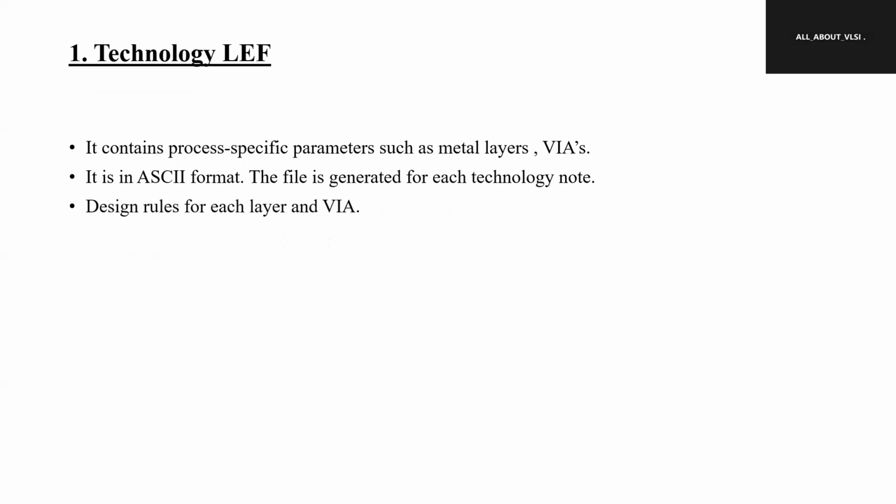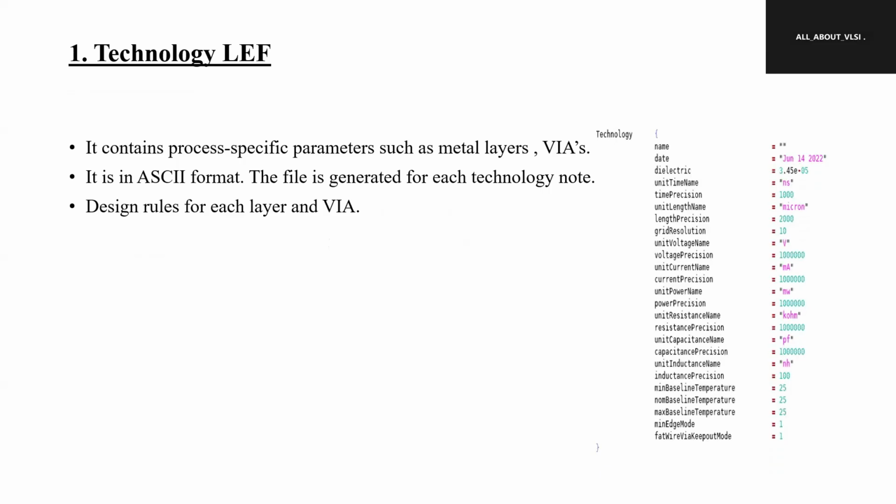And design rules for each layer and vias, right? Every design rule like height, width, pitch, color, everything. See here, it also contains the unit length, units of voltage, where voltage is indicated with V, and current name, power and resistance, capacitance value, capacitance name, and inductance name.